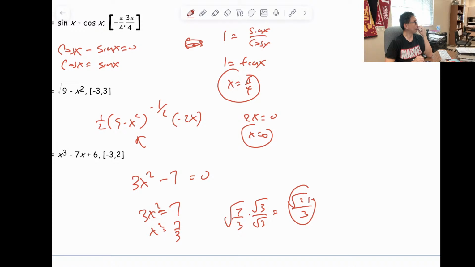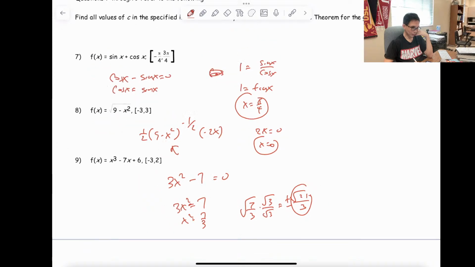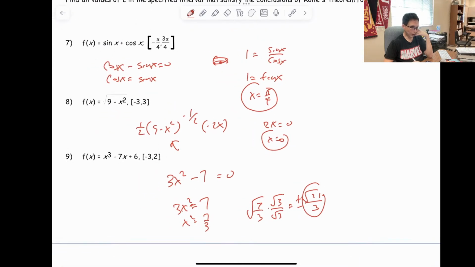Yes, Brandon? Can you explain why you can't? Why would 2 not work? Even though it's in the bracket. Plus minus works. Square root 21 is less than 6? Less than 2? Okay, then do both of them count? You cannot be an endpoint.